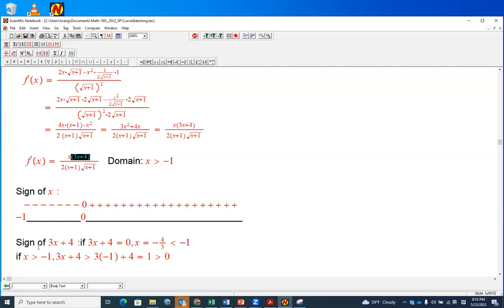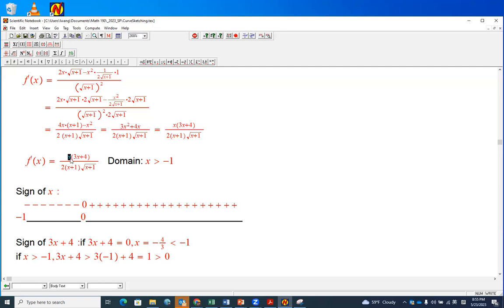What you see here is that the only thing that makes the sign change is x. When does x change sign? When x is between -1 and 0, x is negative.